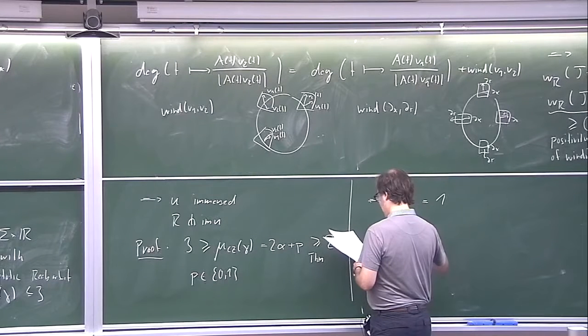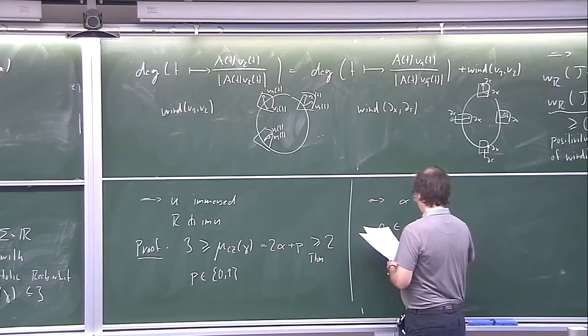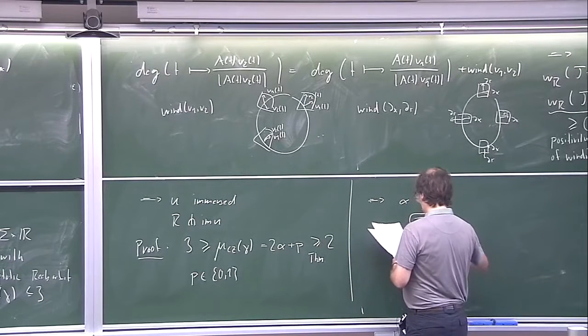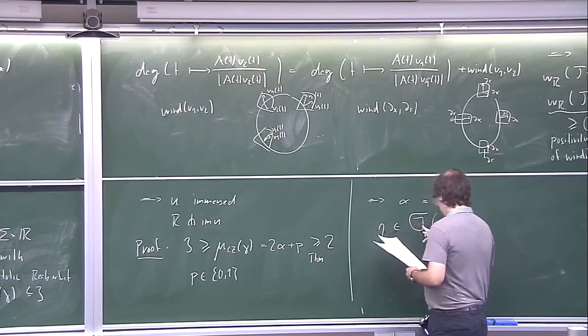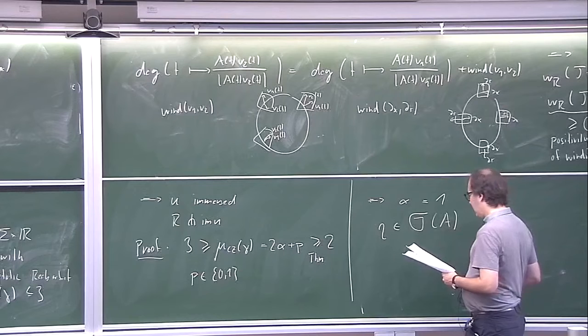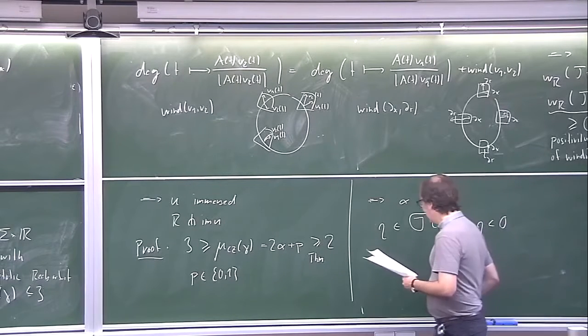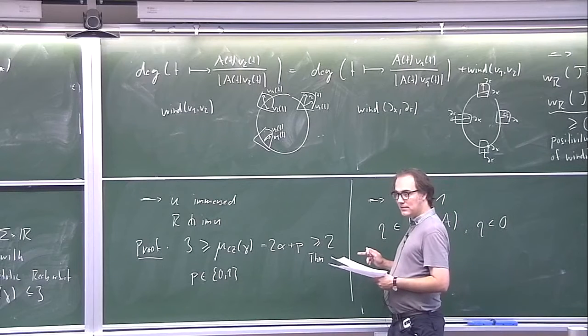And so if eta is in the spectrum of the asymptotic operator, if you have any eigenvalue in the spectrum of the asymptotic operator which is negative, then its winding number has to be less than or equal to 1.